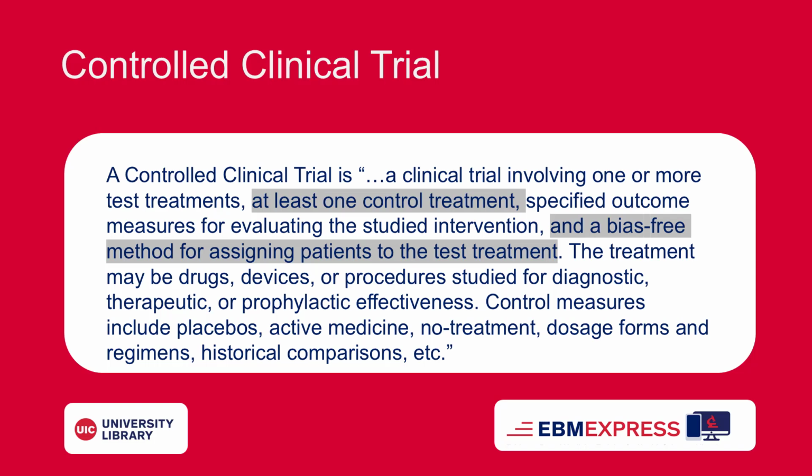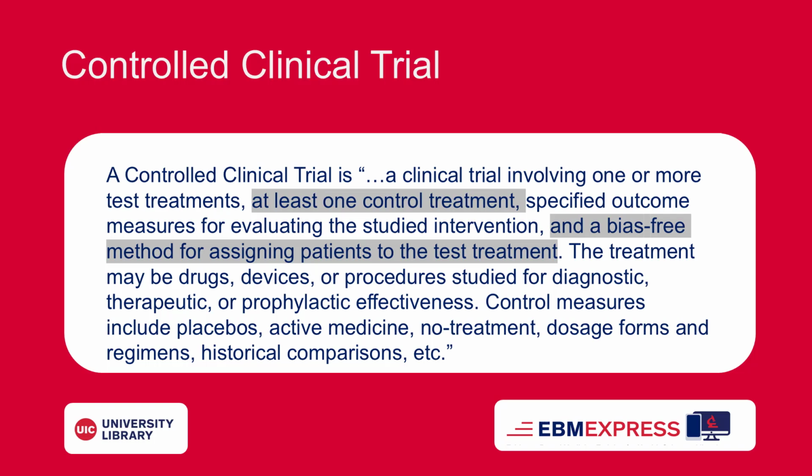The National Library of Medicine defines a controlled clinical trial as a clinical trial involving one or more test treatments, at least one control treatment, specified outcome measures for evaluating the studied intervention, and a bias-free method for assigning patients to the test treatment. The treatment may be drugs, devices, or procedures studied for diagnostic, therapeutic, or prophylactic effectiveness.